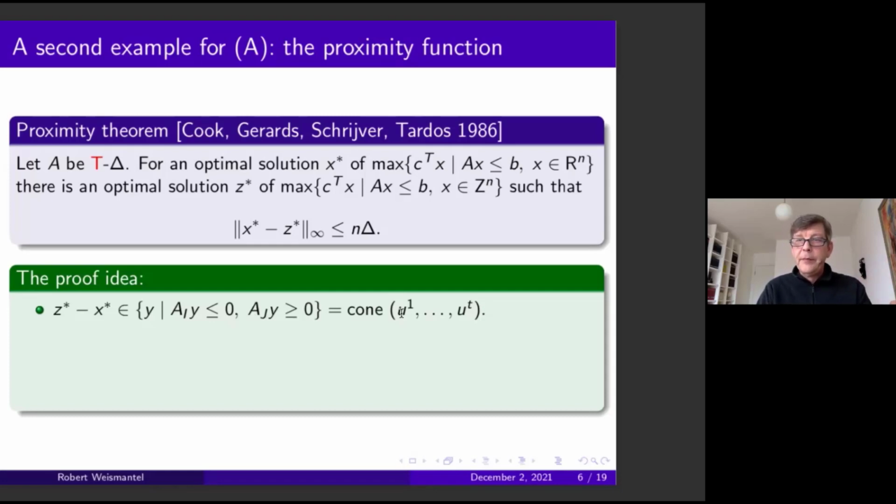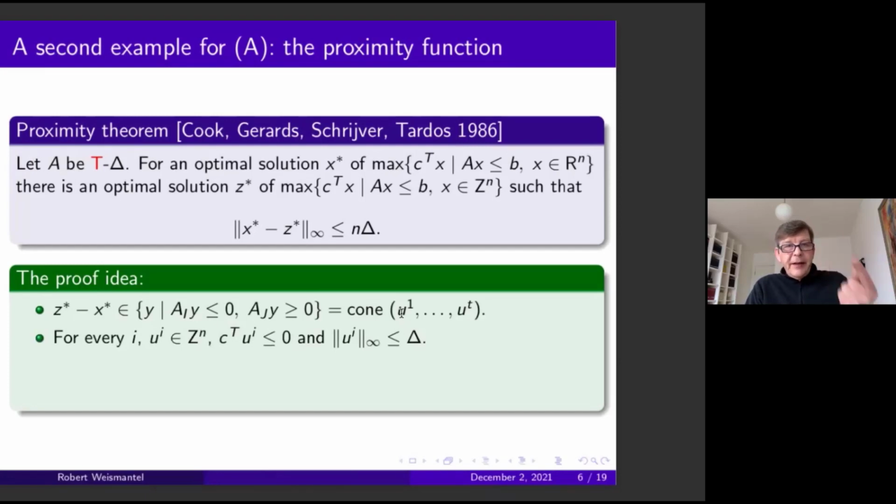Now, the second thing is, for every index i, so for every extreme ray, we already commented that u_i was scaled to be integral. It is very simple to see that c^T u_i is less or equal to 0. That has to do with the fact that you start off with x star, the optimum LP solution.